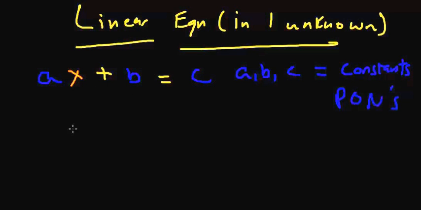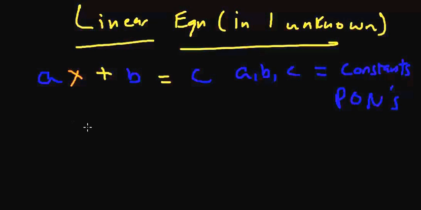If you're unfamiliar with a real number, watch the previous video, where I did a nice explanation of all the different sets that we'll be working with. We're going to confine ourselves to the real numbers right now. Later on, we'll get into complex numbers and all that fun stuff. But for right now, you gotta learn to walk before you can run, right? So a, b, and c are known constants.